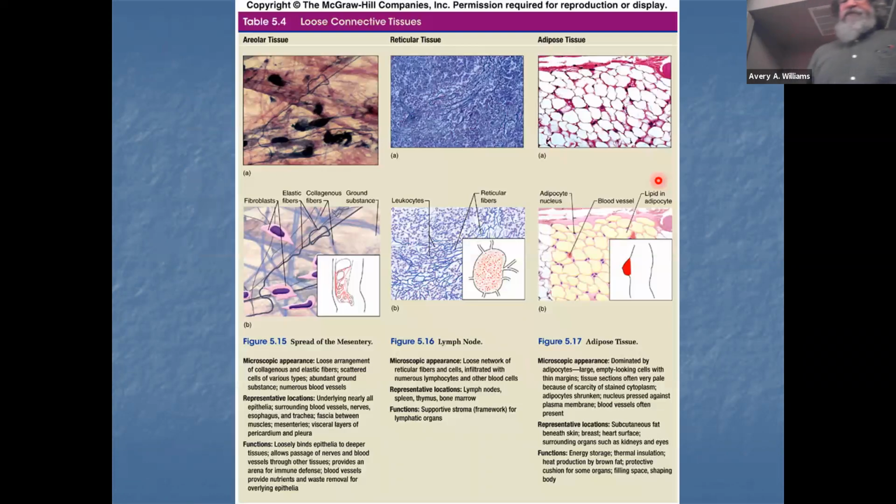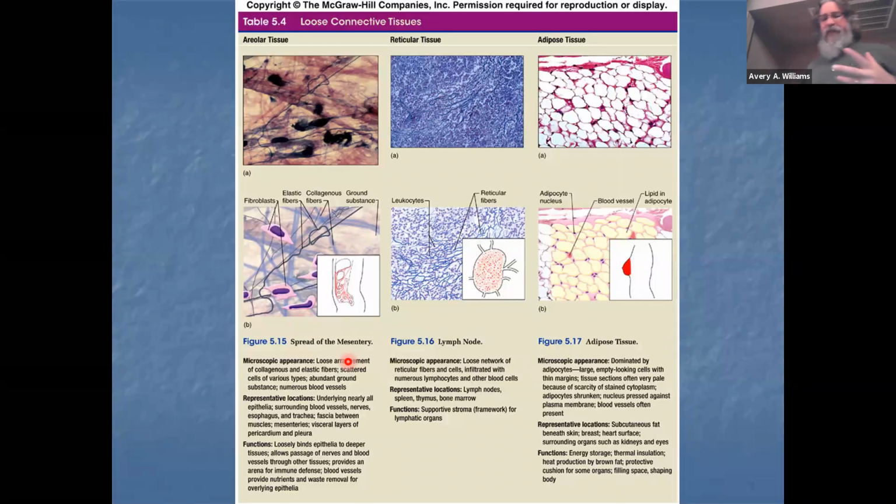So here we go. You recognize this table. It's just like your epithelial tissue table, but now we're looking at connective tissue. Same kind of thing, where you have a photomicrograph and an illustration, then a little inset, and then your text that follows: microscopic appearance, representative location, and function.